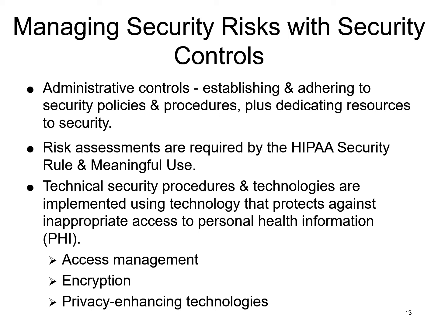Technical safeguards involve protecting the confidentiality, integrity, as well as availability of personal health information. Common technical security controls for technology include authentication, access management and control, encryption, protection from malware and hacking, disaster recovery planning, and privacy-enhancing technologies.